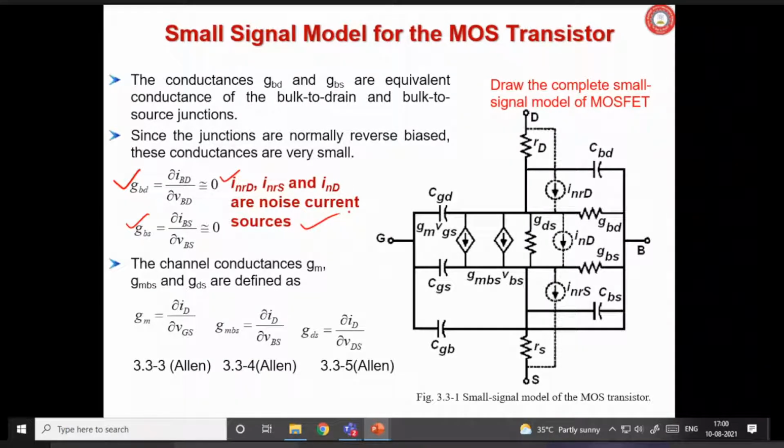MOSFETs, diodes, BJTs, if you go further in study, you'll see that all these devices offer some noise. For example, in MOSFETs, when electrons are flowing in the channel, they don't flow straight away. They are captured then released, captured then released.